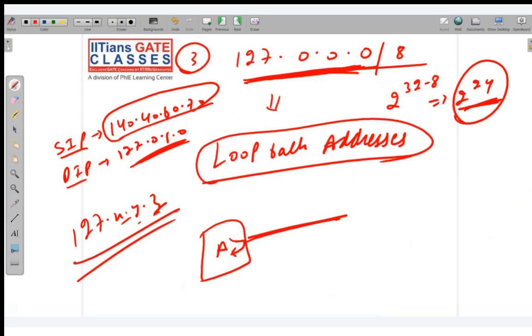If you know ping, in the command prompt we can write ping 127.0.0.1, and it will check whether your IP software is working properly or not. So it is for testing or debugging your IP software.